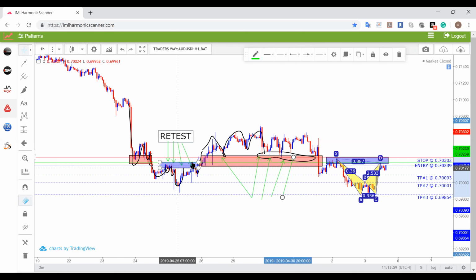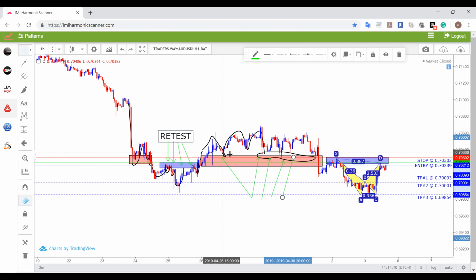Good. This is what I did when I was talking just now. I showed you all that, hey, price came up, it broke what is resistance and now became support. So it's a retest. This is like a pullback. This is like a retest. Came up, retested. Came up again, retested.